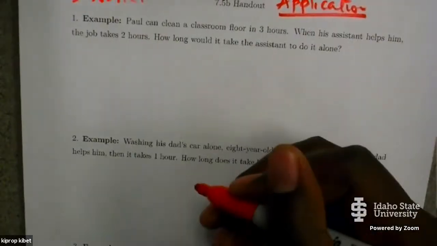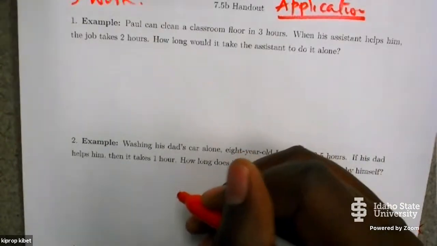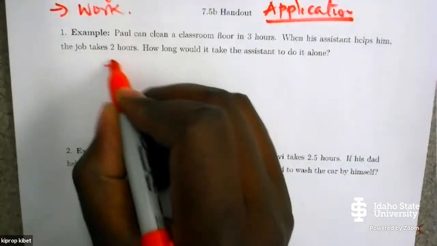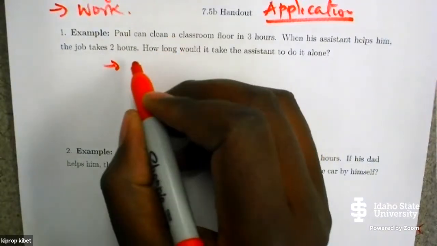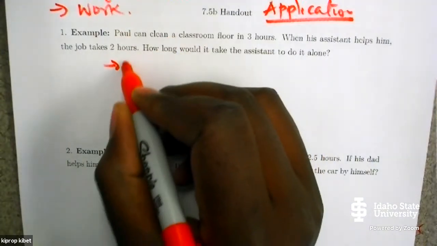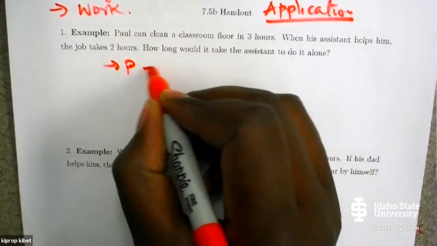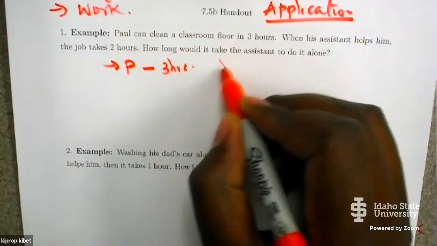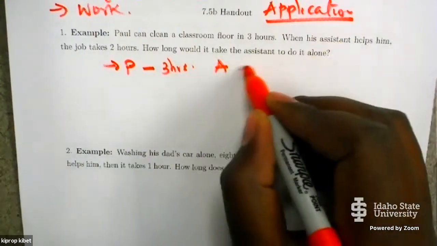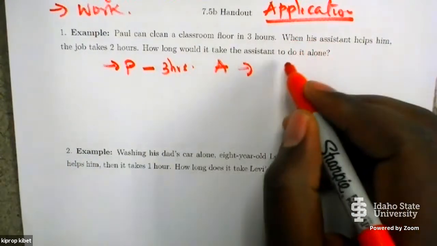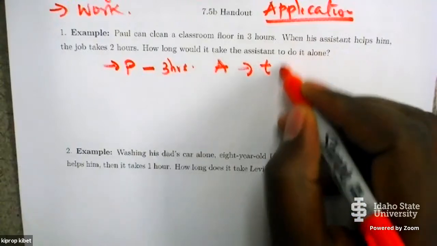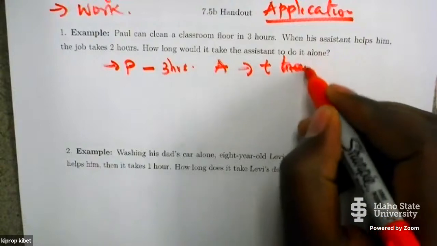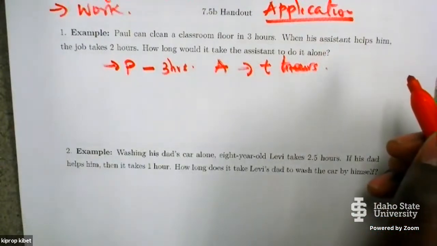So in this case, we have Paul, who takes 3 hours. And then we have the assistant, who takes maybe T hours to clean the floor.